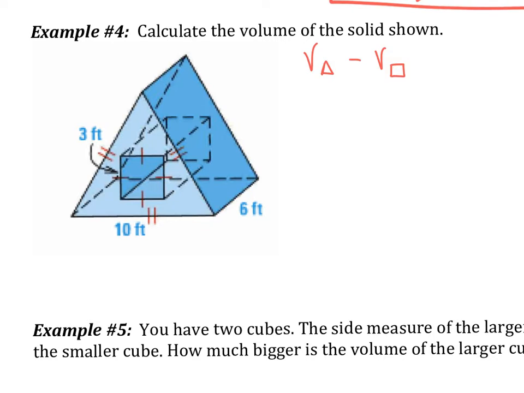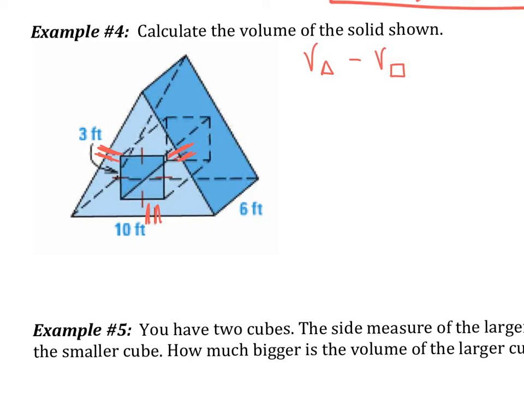Okay? So if we're going to do that, I need the area of the triangular prism. And the big thing that you're supposed to notice here is double tick, double tick, double tick. What type of triangle is it? Regular, or equilateral.